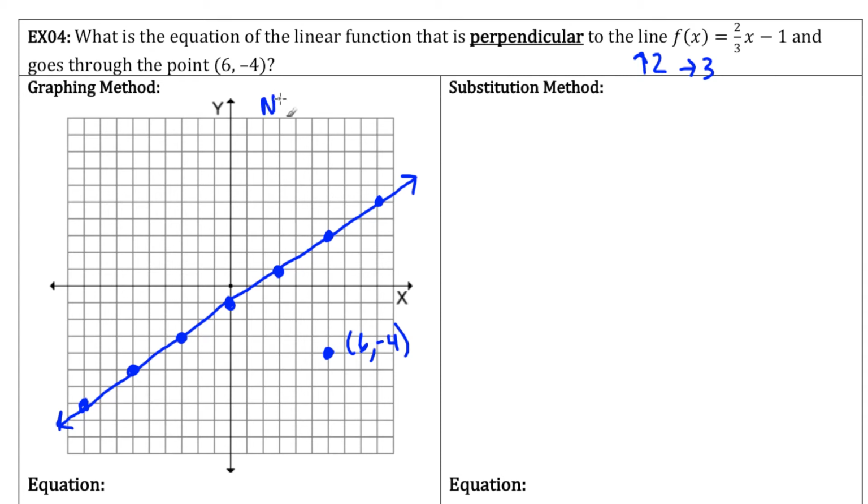So the negative reciprocal would be negative instead of positive, and I have to flip the fraction. So not 2/3, 3/2. So down 3, right 2. 1, 2, 3, right 2. But as you can tell, we need the y-intercept for our equation, so we got to go backwards.